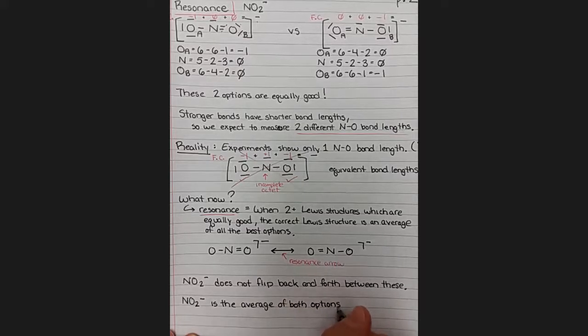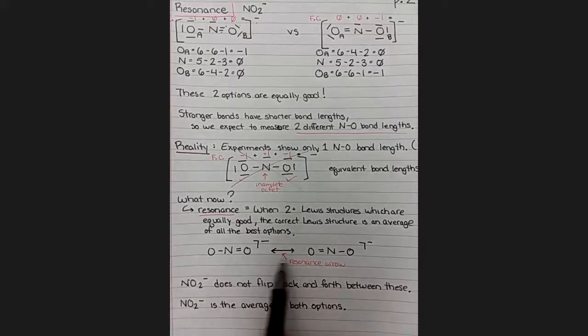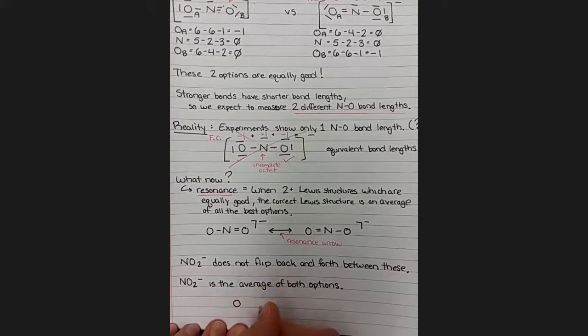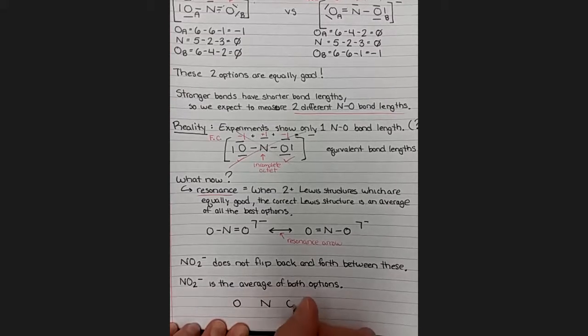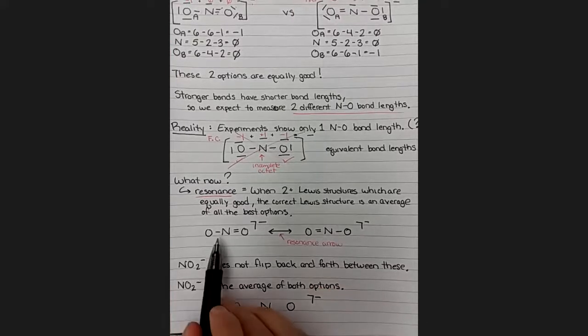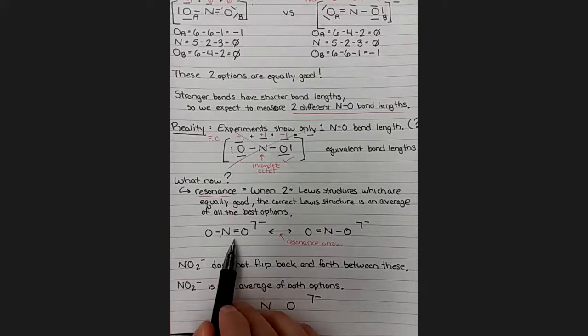And so to represent what it is an average of, we draw the two structures with a resonance arrow in between. The other way to draw it without the resonance arrow is to try and draw one picture that's an average of both of those pictures. So we can think of the bond length as being an average between a bond length of 1, a single bond, and a bond length of 2, a double bond.